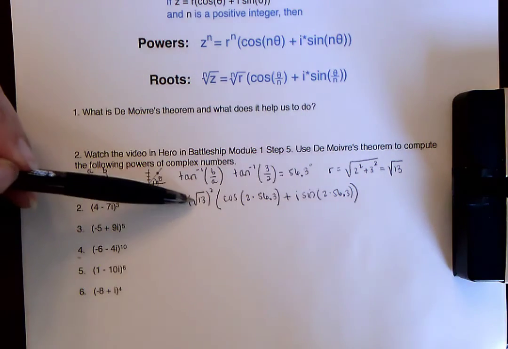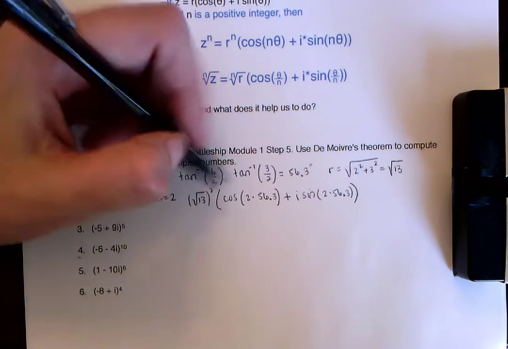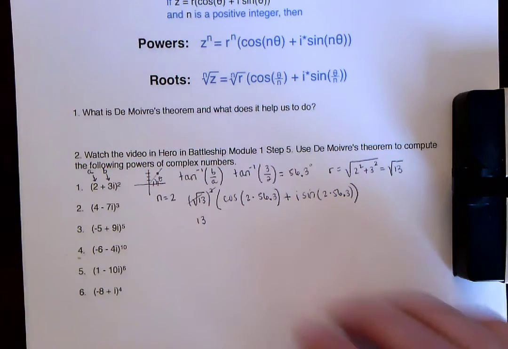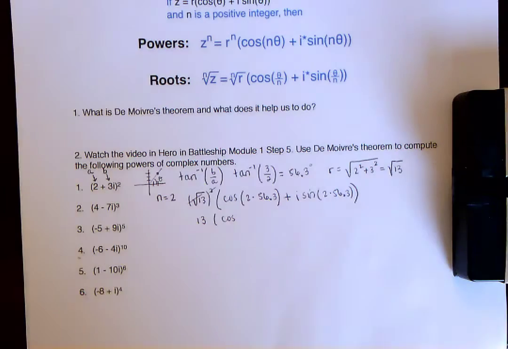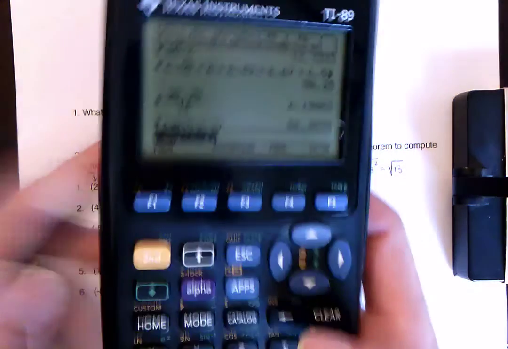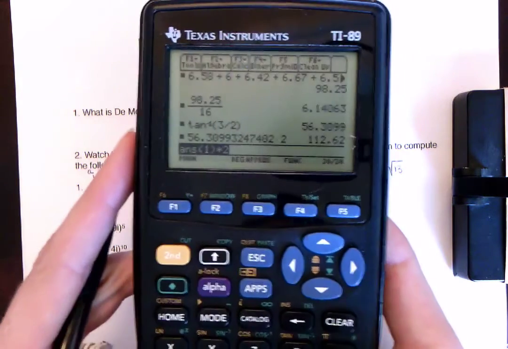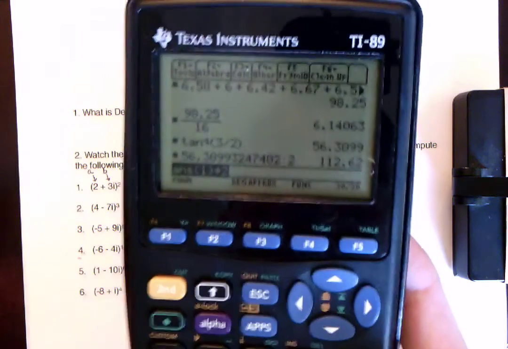Well, I know that the square root and the square end up canceling. So really, I just have a 13 on the outside of this. And then I'll say cosine of, and then we'll do 56.3 degrees times 2. And we get about 112 degrees, or 112.6.